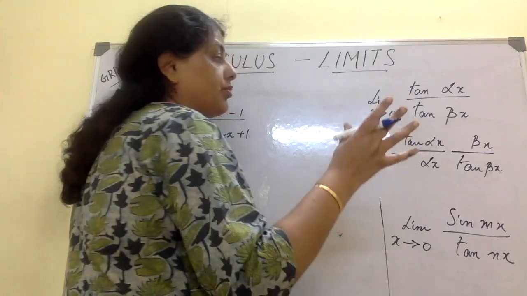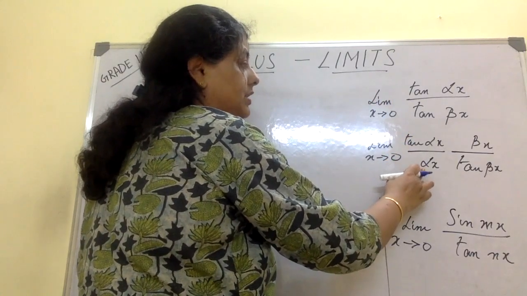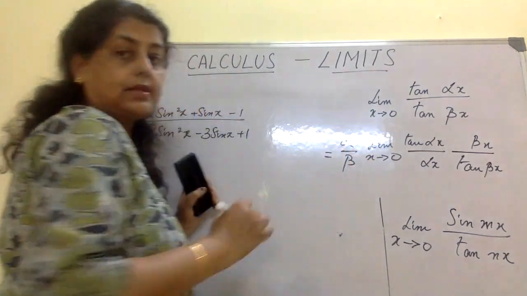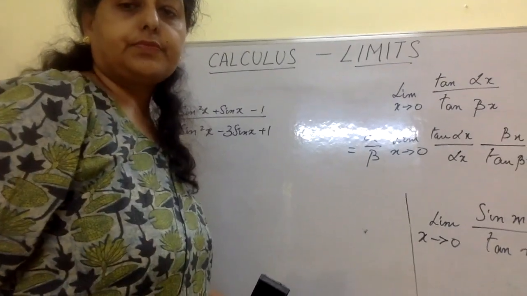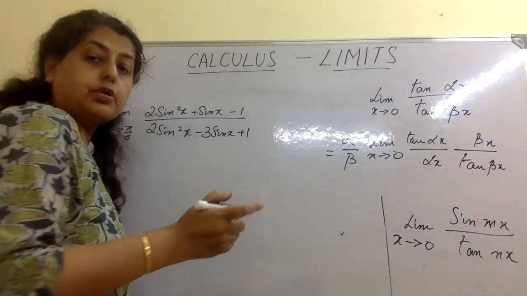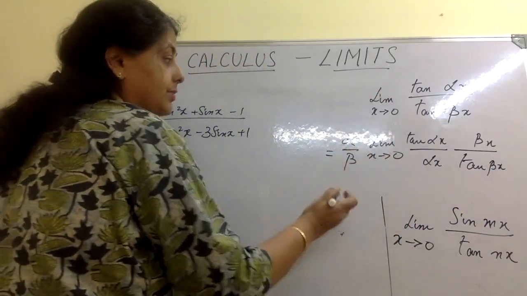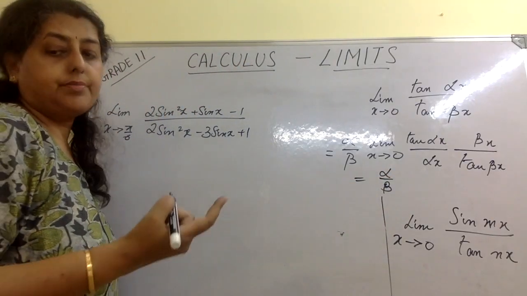So we have to adjust the alpha and beta. If you have put an alpha in the denominator, put 1 in the numerator, put 1 in the denominator as well. Now this part becomes 1, this part also becomes 1 due to limits. So my final answer is alpha by beta.